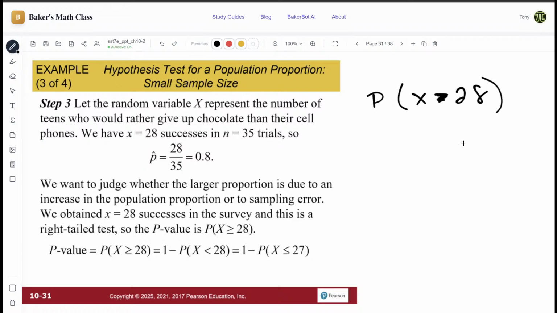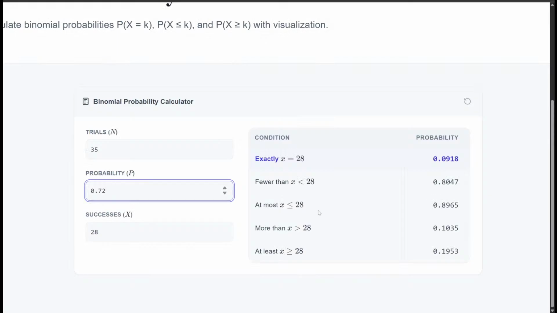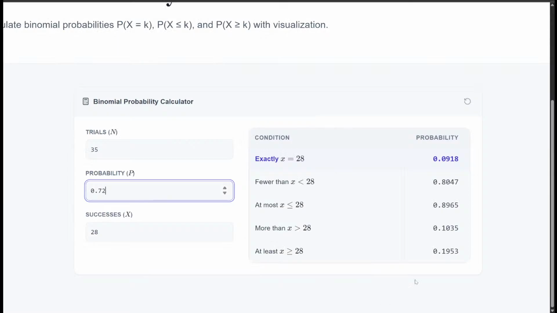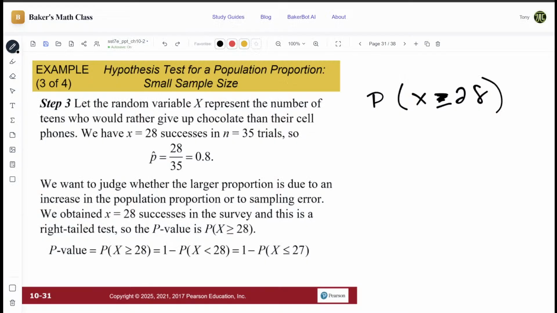So look here, greater than 28, or actually they say greater than or equal to 28, is going to be 0.1953. So my p-value is 0.1953. How do I compare the p-value? What am I comparing it to?